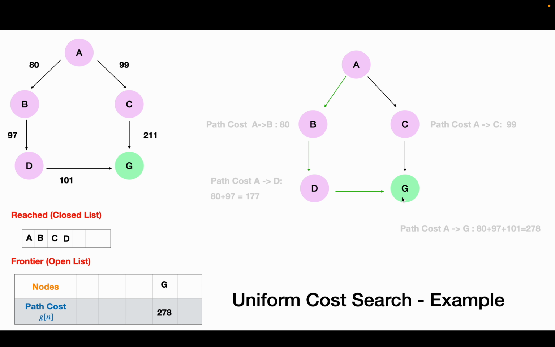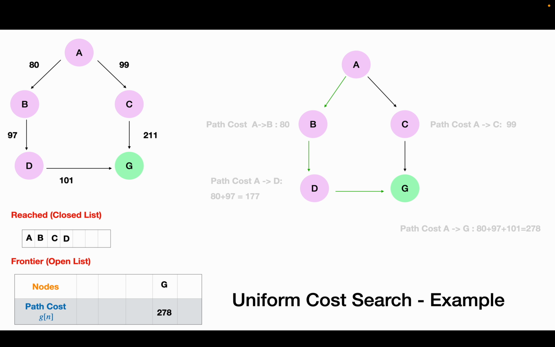We keep a record of the paths from where each node has been generated. Therefore we finally identify the path from the initial state to the goal state, which incurs the lowest cost. So this is how uniform cost search can be applied to such a problem. Basically it will find the best path which has the lowest cost.